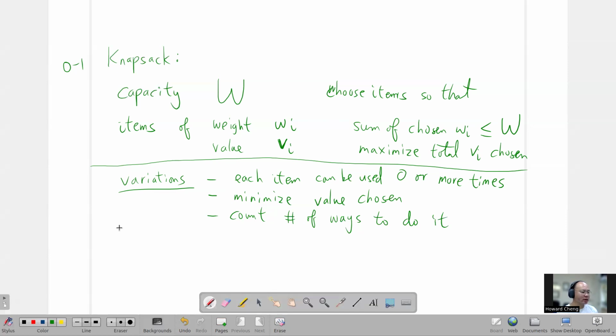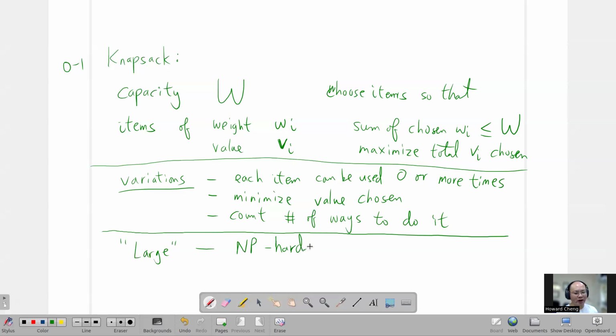So the first thing to realize is that these problems, if the problem's large, this is basically hopeless. It's what we call NP hard. For those of you that don't know, NP hard basically means, in a very, very rough sense, they are very hard problems that nobody knows how to do. And the only ways that we know how to do it are not polynomial time, although this NP does not mean not polynomial, it means something else.